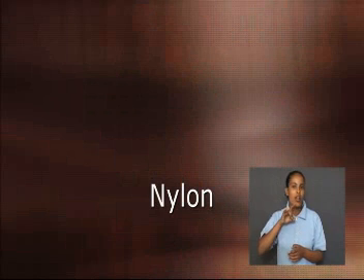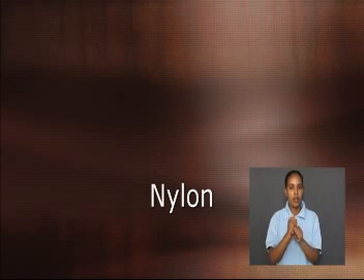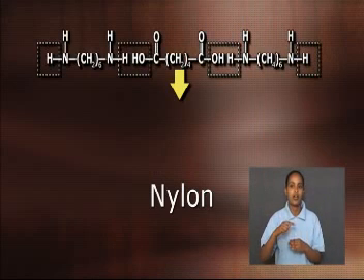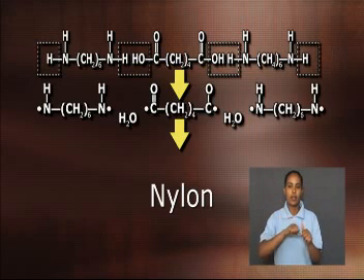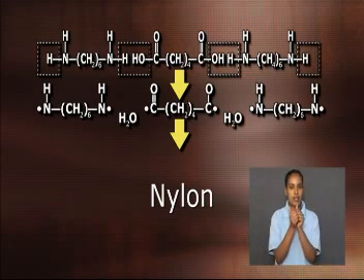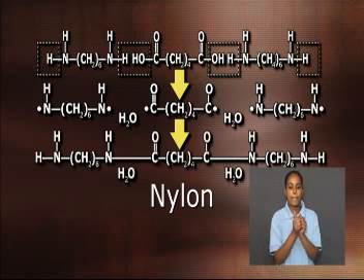It is called nylon. Nylon is a type of synthetic polymer called a polyamide. This means that it is made entirely of amides, carbonyl groups linked to nitrogen atoms, that are joined together by peptide bonds.